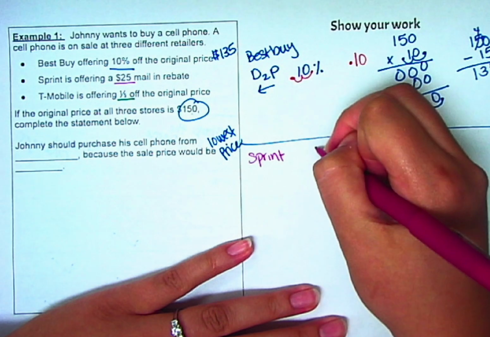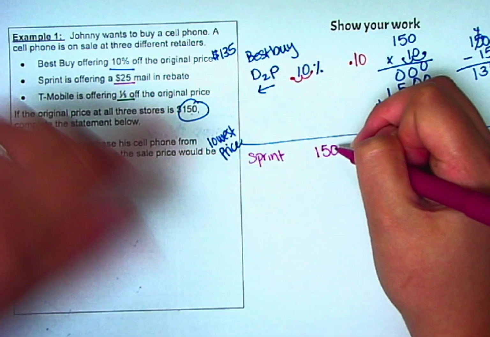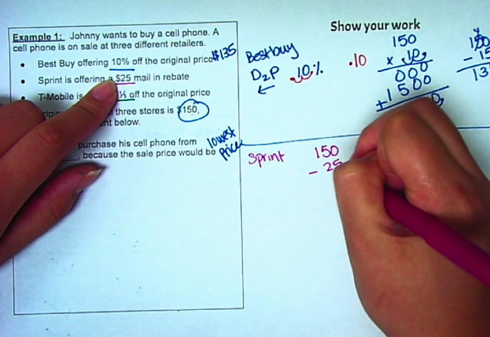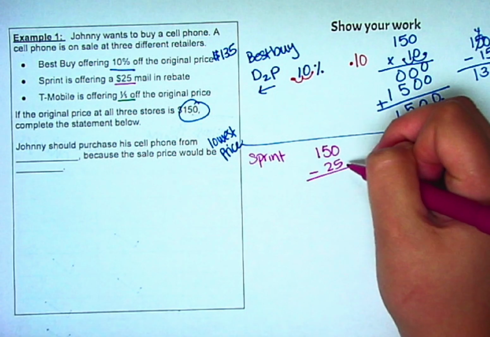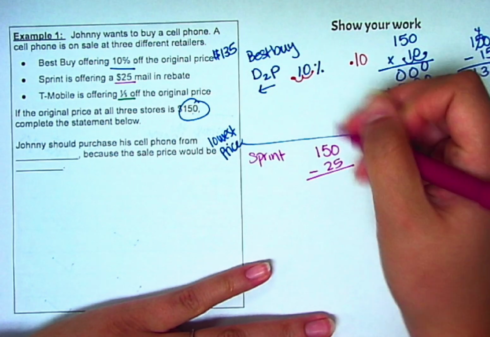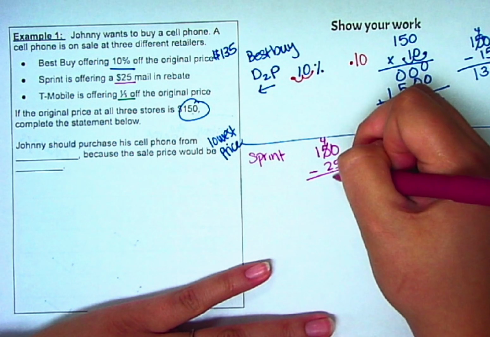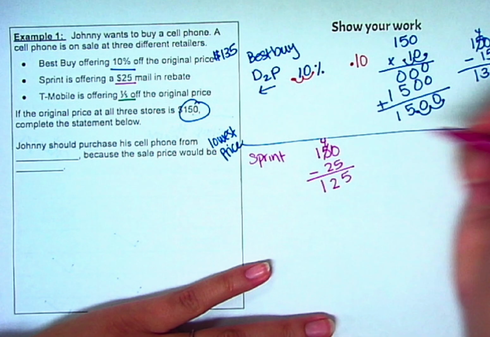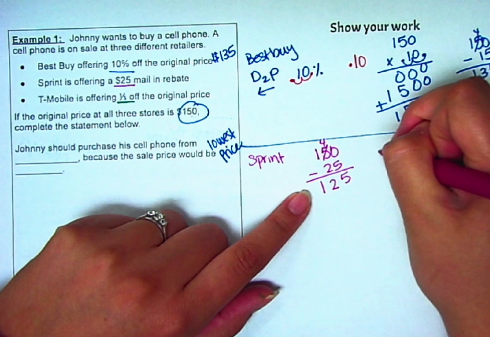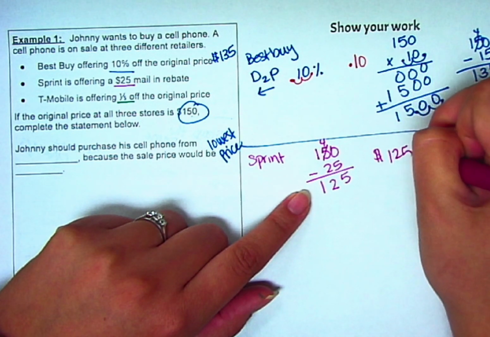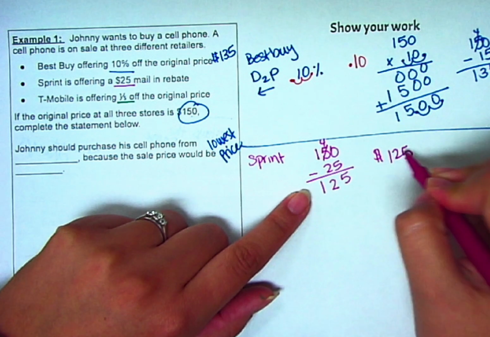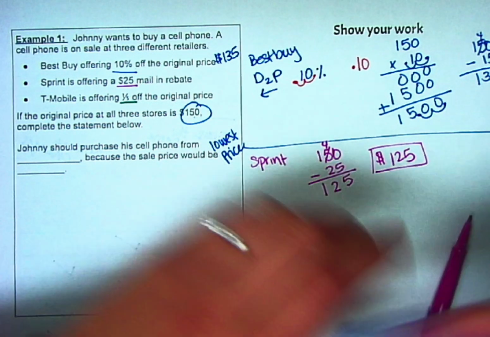We're just going to subtract 150 minus 25. Okay, so 0 cannot, you have to borrow. 10 minus 5 is 5, 4 minus 2 is 2, bring down that one. So that discounted price after the mail-in rebate is $125. Okay, let me go ahead and box that for you so you can see.